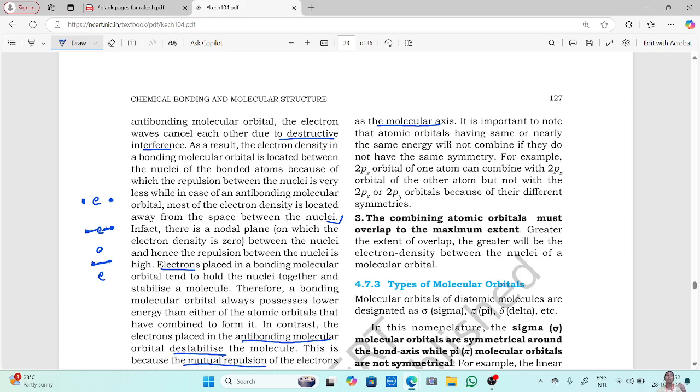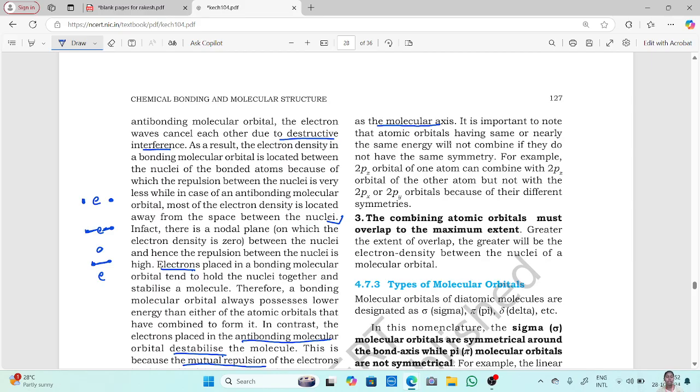If the energy levels are the same, for example 2s and 2p, whose energy levels are nearly the same, they will combine only when they have a similar symmetry. If they don't have the same symmetry, that means if they don't follow the molecular axis, they won't combine.